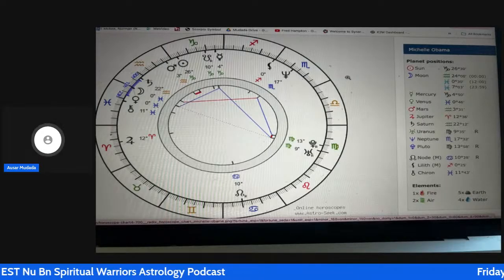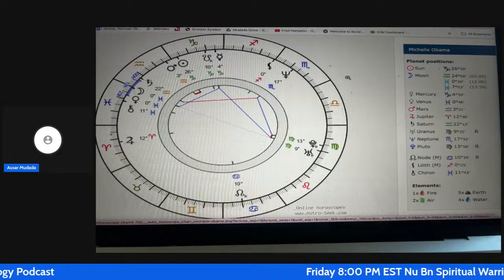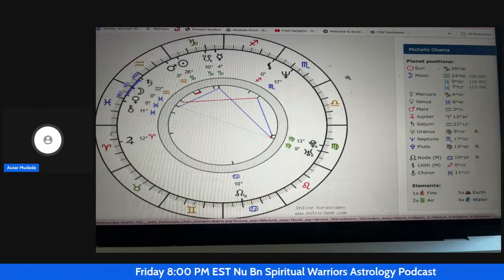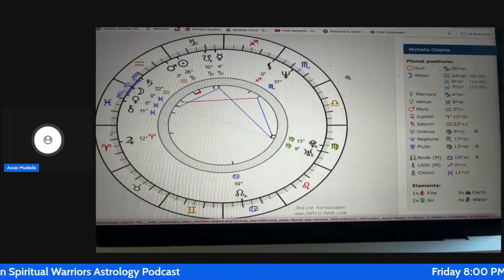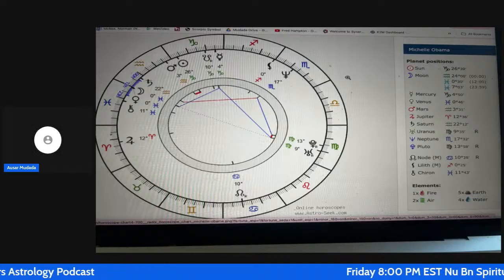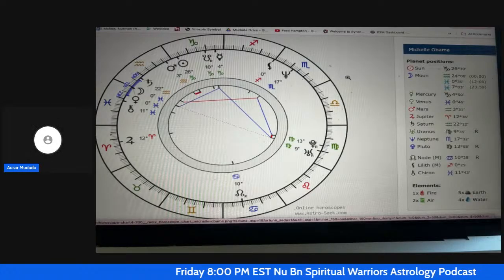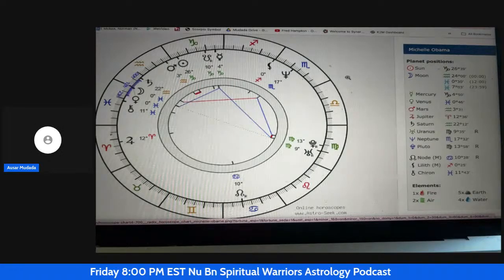Because if we look in the chart, it started out at 24 degrees Aquarius, but then moved into the 12th house, which is Pisces. Just put in the chat something that you know about the 11th house. Just one word.